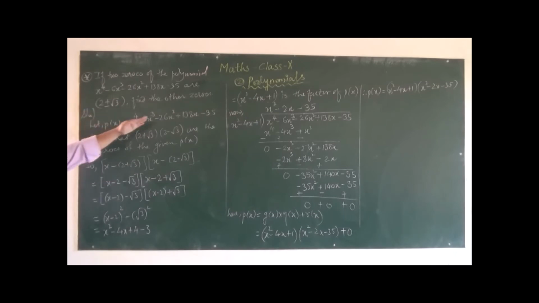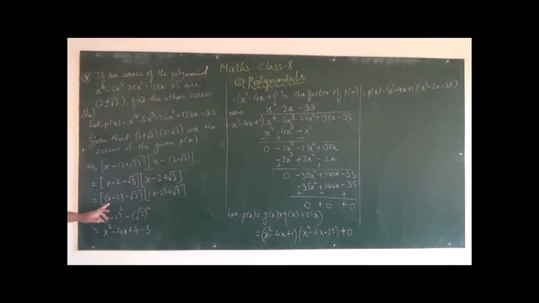Let P of x be the given polynomial. Given that 2 plus root 3 and 2 minus root 3 are the zeros of the given polynomial, so x minus this and x minus this will be factors of it. So we simplify it as x minus 2 minus root 3, x minus 2 plus root 3.